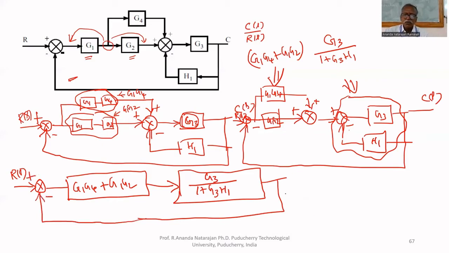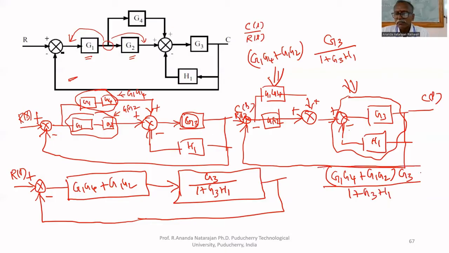So now these two are cascaded blocks. Now these two can be multiplied together. What we will get is G1 G4 plus G1 G2 multiplied by G3 upon 1 plus G3 H1. This is in the numerator, the forward path.